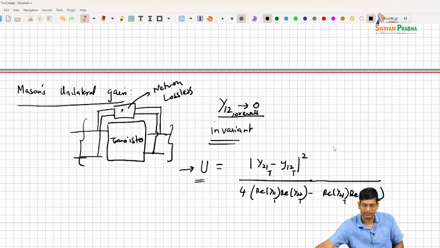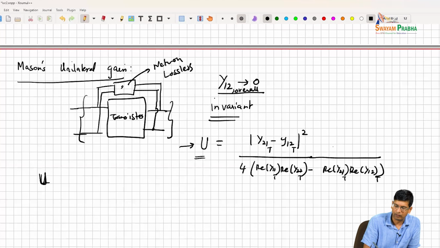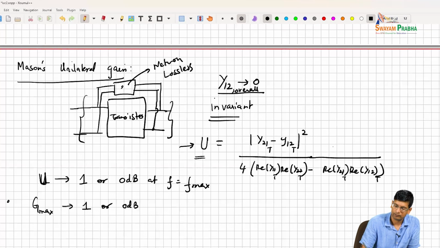And what is really interesting is that where U goes to 1 or 0 dB, right, at some frequency f equal to f max, that is also the frequency at which G max goes to 1. Right?